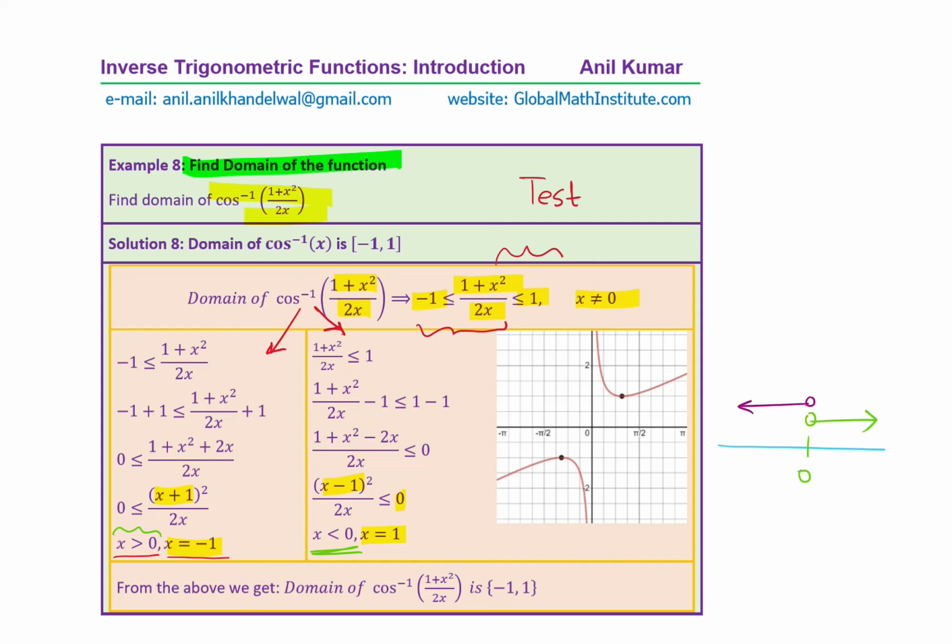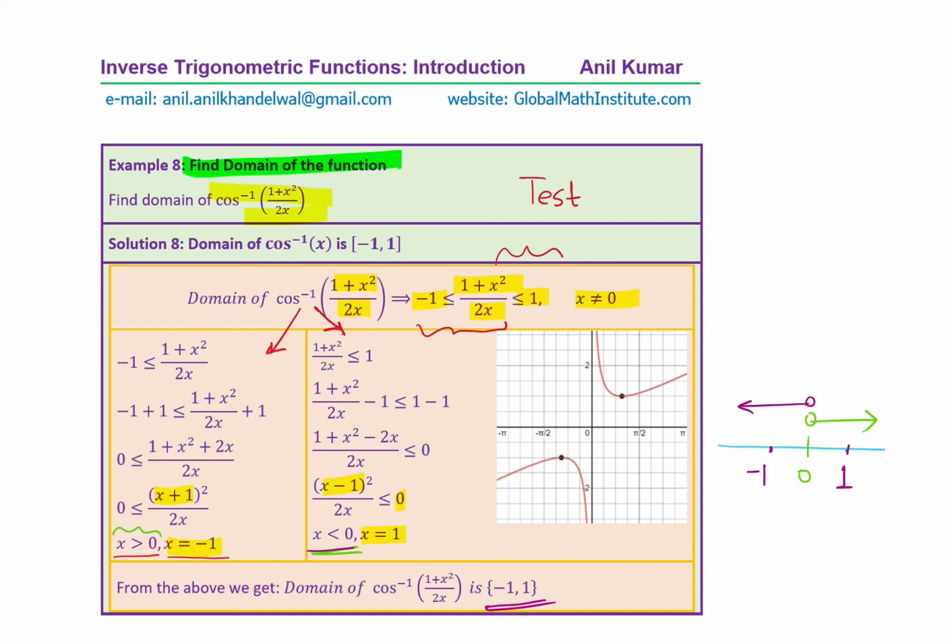So nothing matches as far as these two are concerned. However, we do have 2 points, x equals minus 1, correct? So we have a point which is x equals minus 1 and at x equals 1. Now at these 2 points, we see that the value is satisfying both the conditions. And so that becomes the solution for this particular inequality, right?